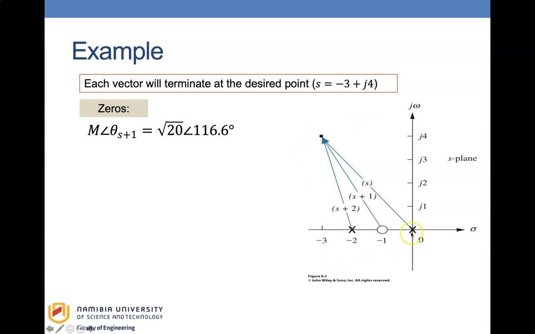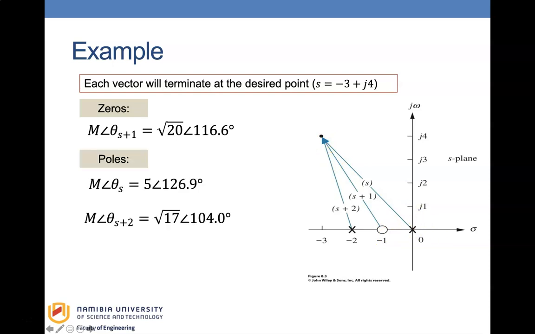We draw each vector to terminate on the selected point s equals minus 3 plus j4. The vector originating at the 0 at minus 1 has a magnitude of square root of 20 and an angle of 116.6 degrees. The vector originating at the pole at the origin has magnitude 5 and angle 126.9 degrees.